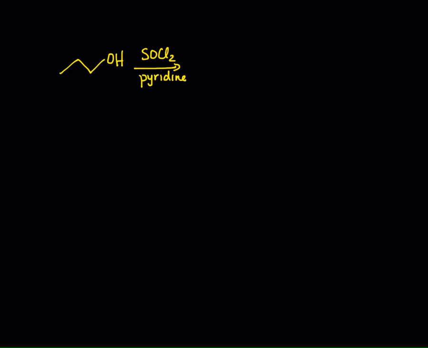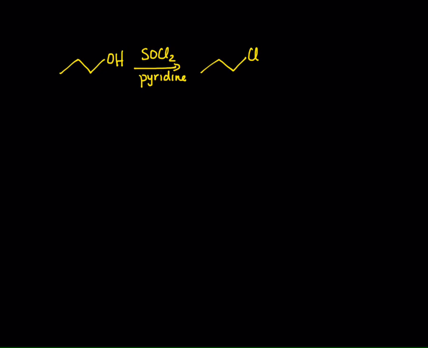Usually these reactions are carried out in the presence of some weak base. So pyridine is a good base to use. Sometimes triethylamine is used because one of the byproducts is HCl. So the pyridine will react with HCl and take it basically out of the equation.